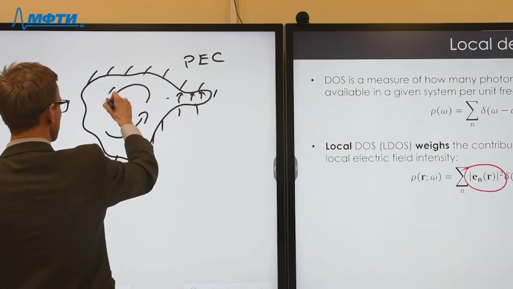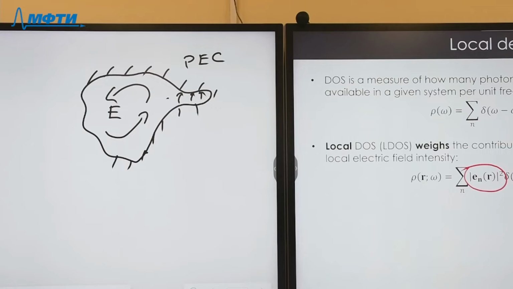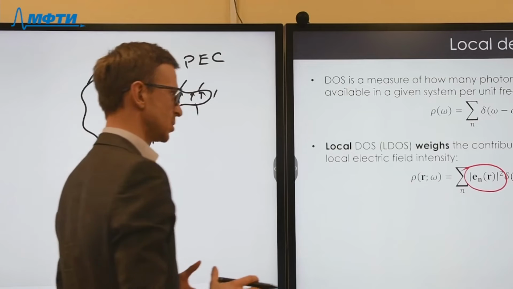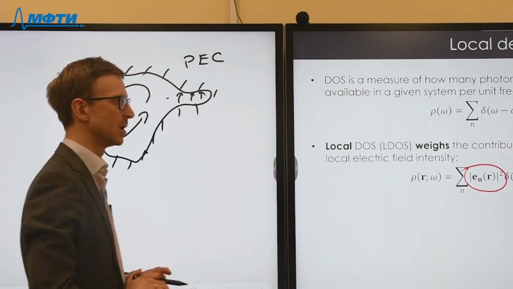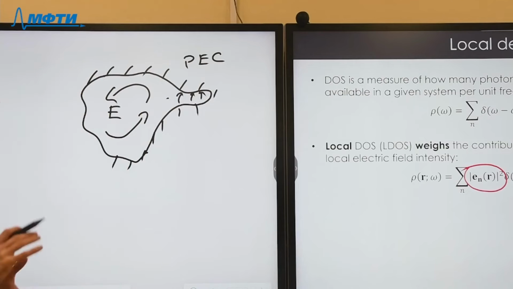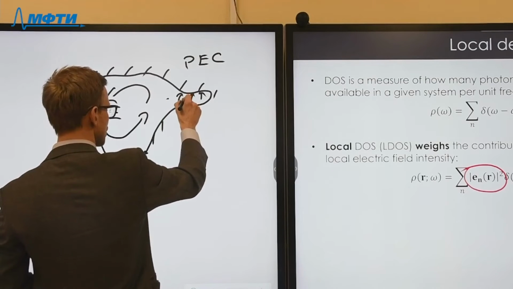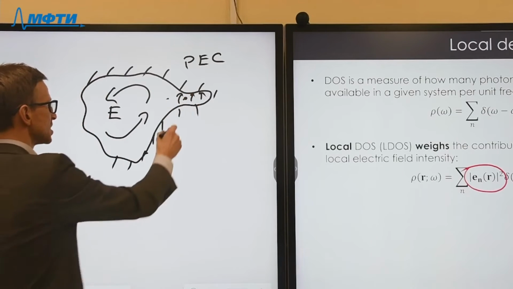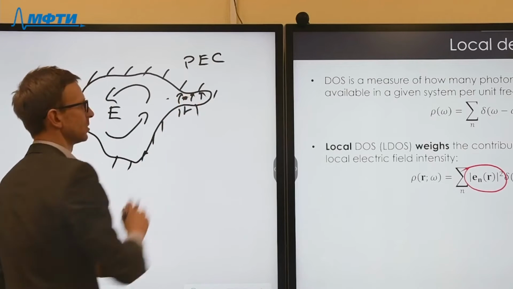And these eigenmodes are going to have a certain electric field distribution. Let's say we want to know not only the total density of states, how many modes we have in a certain frequency interval, but we want to know how tightly these modes are focused, how they are present in a particular point of our structure. Let's say this is our observation point, and we want to know the density of states at this particular point.